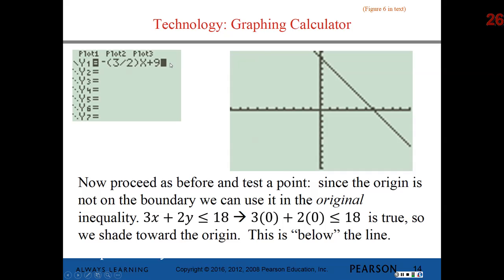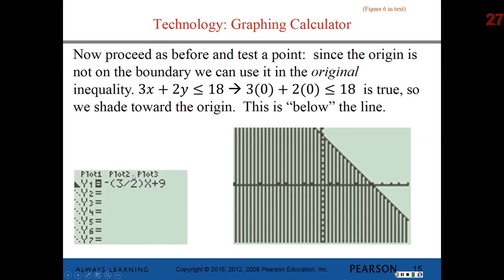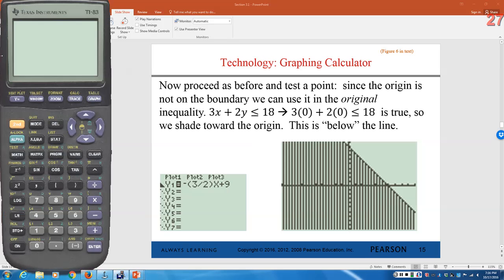Now, if you want to use the calculator to help you, take into account that this is below the line. This is going from the line down, okay? So what we do, and I'm going to demonstrate this for you, is this is the end result of getting the calculator graph, and it will graph and shade for you. But this is what you've got to do to get the calculator to do that.